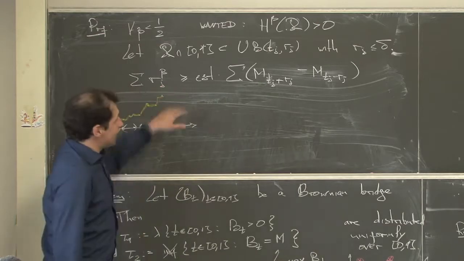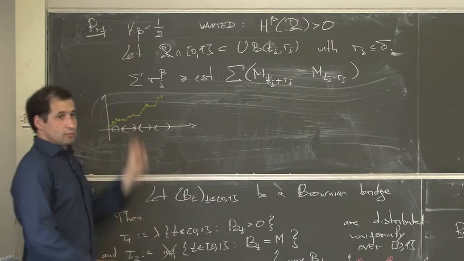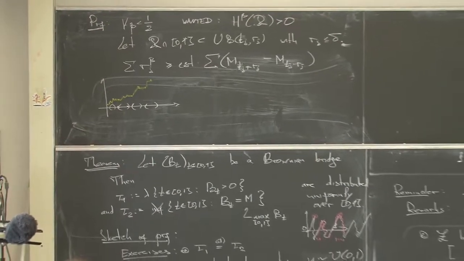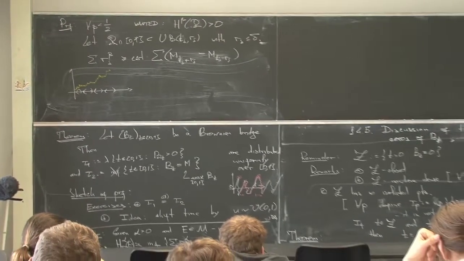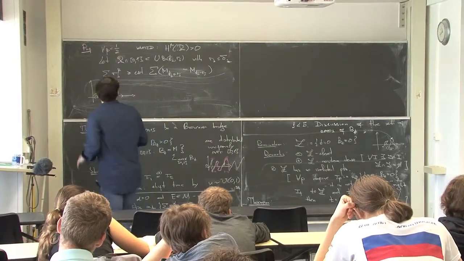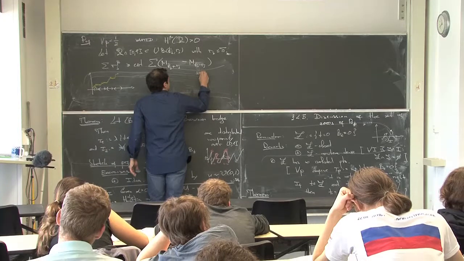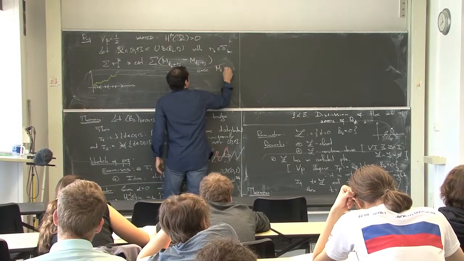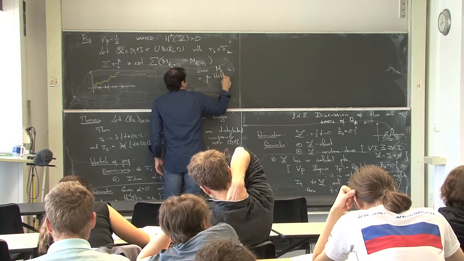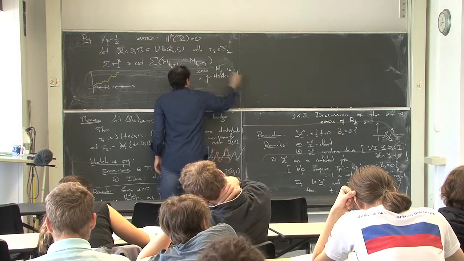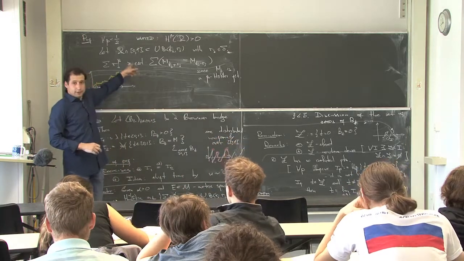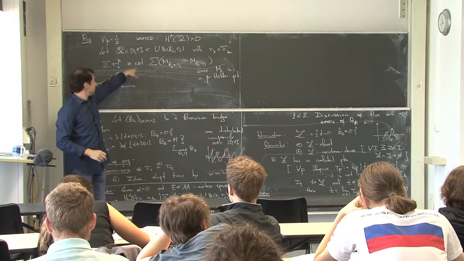Then what I'm saying is that this maximum process is a Hölder function, because we knew that the Brownian motion itself is a Hölder function, and taking the maximum cannot destroy this property. So basically, M_t is a beta Hölder function. This constant might depend on the trajectory, so it is some random constant.